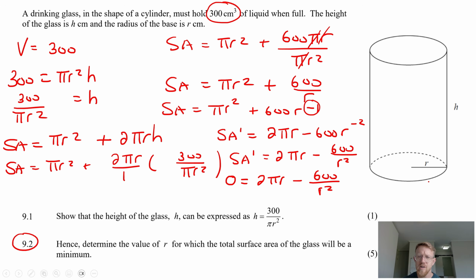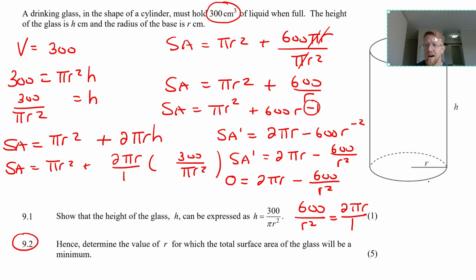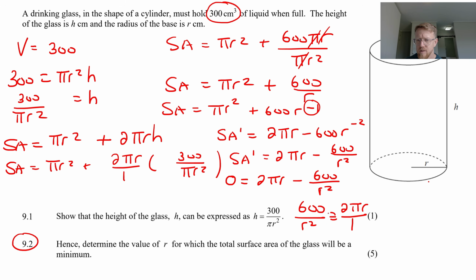In these scenarios, take this part over to the left. So we end up with 600 over r squared and then 2 pi r over 1. And now we can do cross multiplication because there is an equal sign. And so this is going to multiply up here. And then this is going to multiply with that. And so we end up with 600 equals 2 pi r cubed.